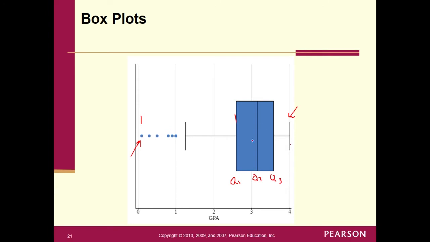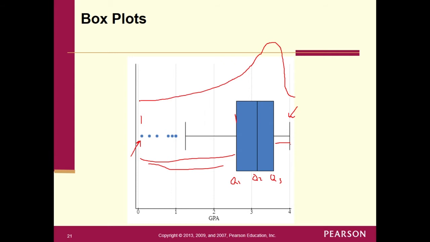And so notice that the distance from here, which is the maximum, to Q3, is very different than the distance from Q1 to the minimum. Okay, it's getting spread out this way. All right, so we got a lot of data over here. Okay, and it's getting spread out that way. So clearly we have a skewed left distribution here.